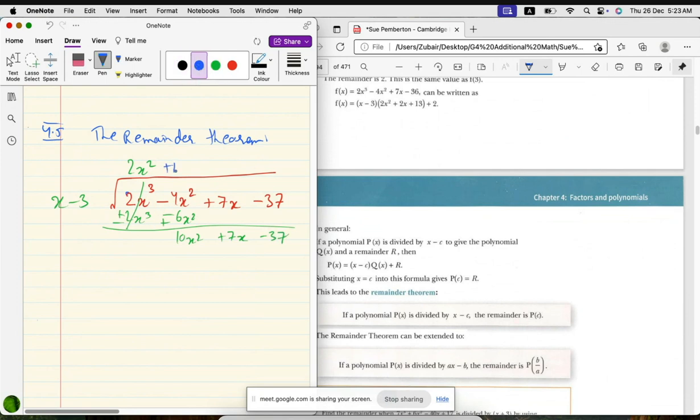To get 10x square, we multiply with 10x. That's 10x square. 3 into 10 is minus 30x. Minus, minus plus. Get rid of this, and this is 37x minus 37.